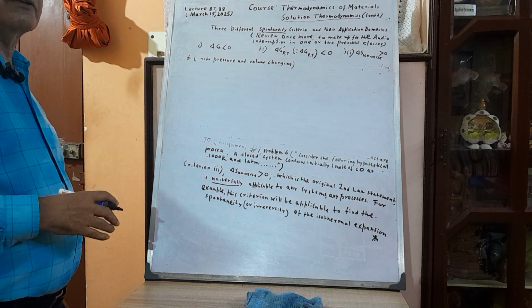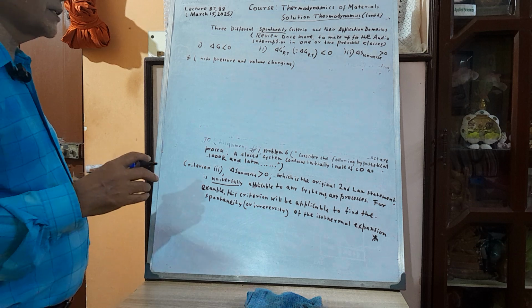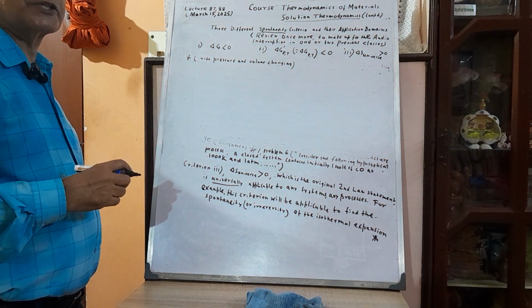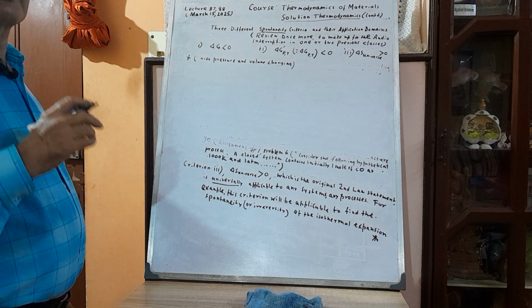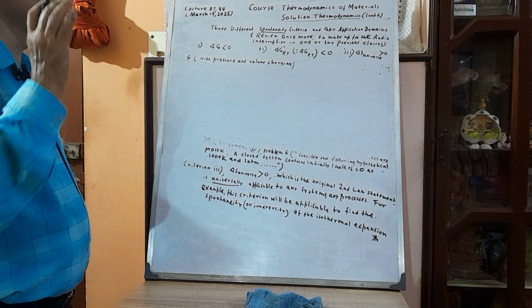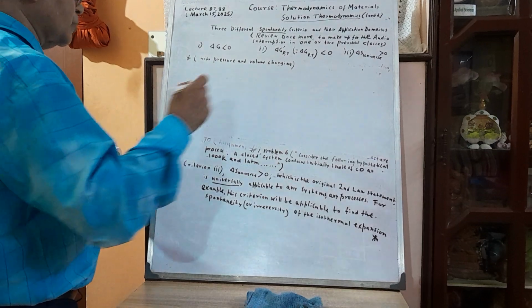Okay, when considering an ideal gas as the system, with different types of processes for n moles of ideal gas: constant temperature, constant pressure, constant volume, and adiabatic. Fourth, with pressure and volume changing, of n moles of ideal gas.